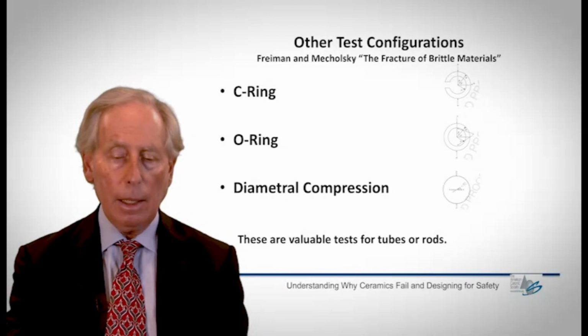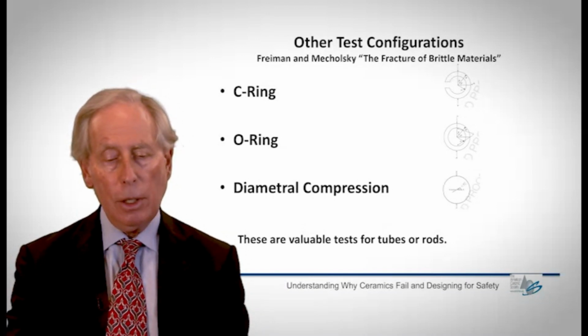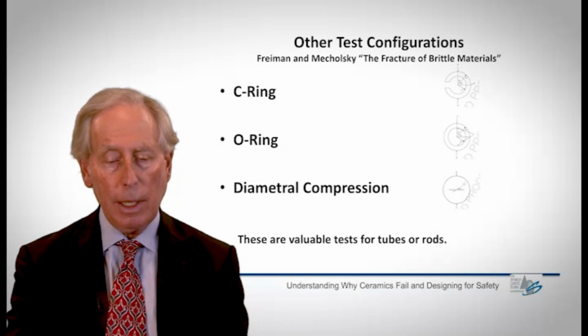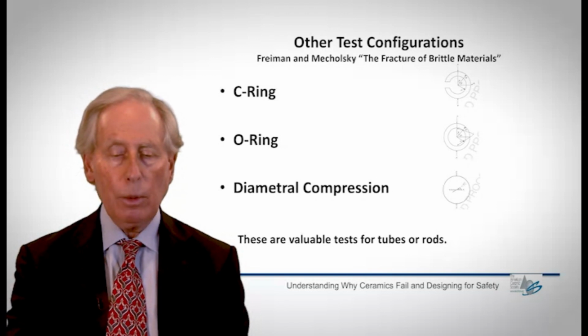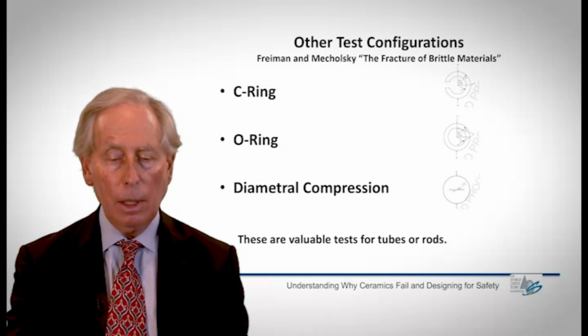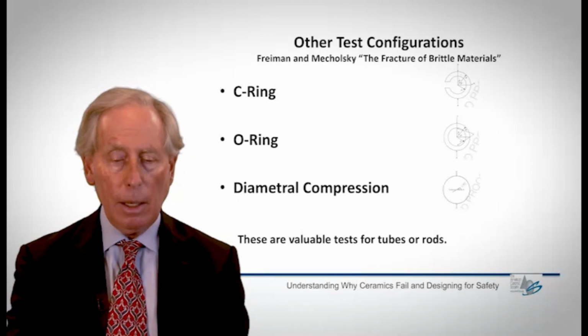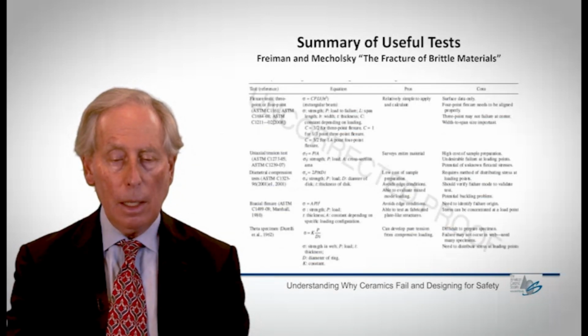It's simply a diameter of a material in which you test in compression, and it turns out the material actually fails in tension from the end of the specimen that you see here. So again, these are valuable tests for both tubes and rods. All very interesting, and I show here, and I won't go into it, a number of summaries of the useful tests and some more references to where to find the data for that.